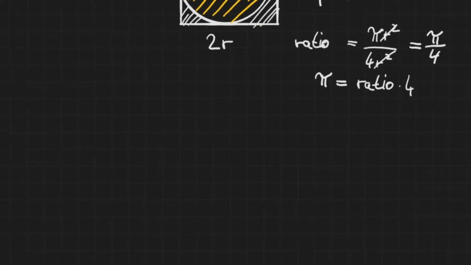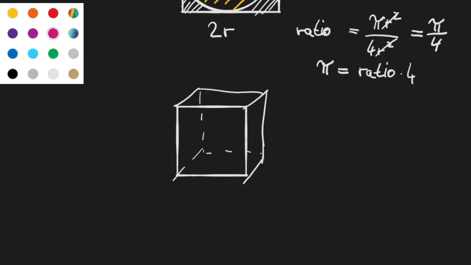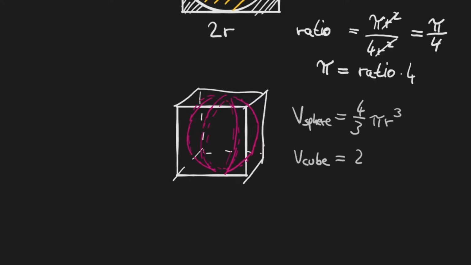So if you understood this, we can easily bring this thing into 3 dimensions. We just say we have a cube, and inside of this cube we have a sphere. So now we can take the volume of a sphere, which is 4 over 3 times pi r to the third, and the volume of a cube, which is in this case 2r to the third, which is 8r to the third.